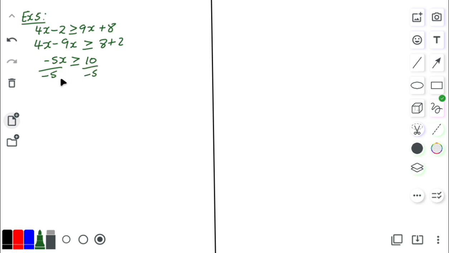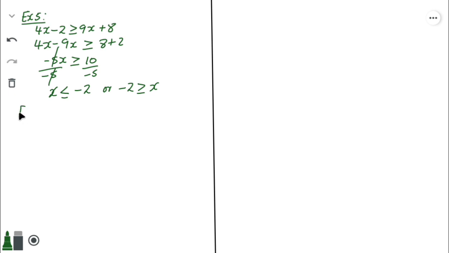Don't forget the rule that says that when we are dividing by a negative number, the inequality sign will change. So in this case, x will be less than or equals to minus 2, or we say minus 2 is greater than or equals to x.